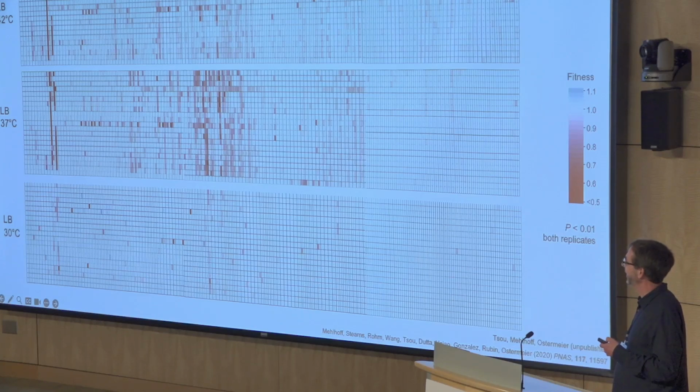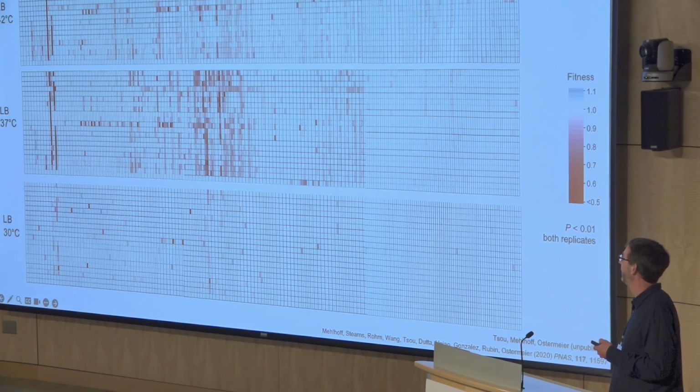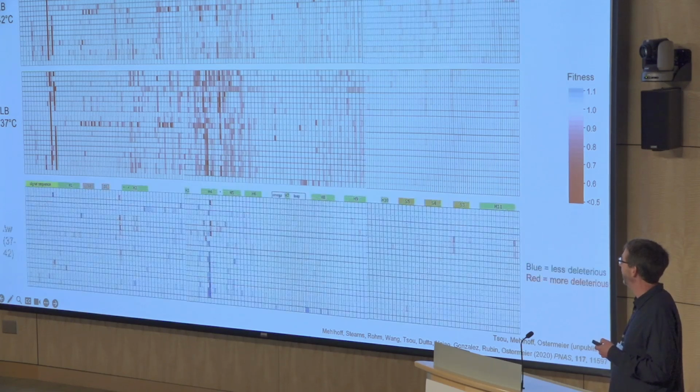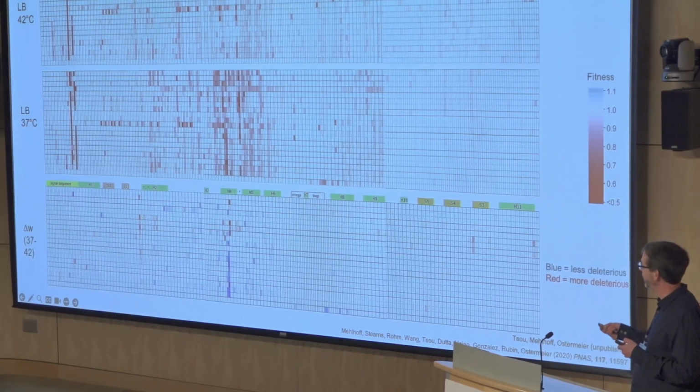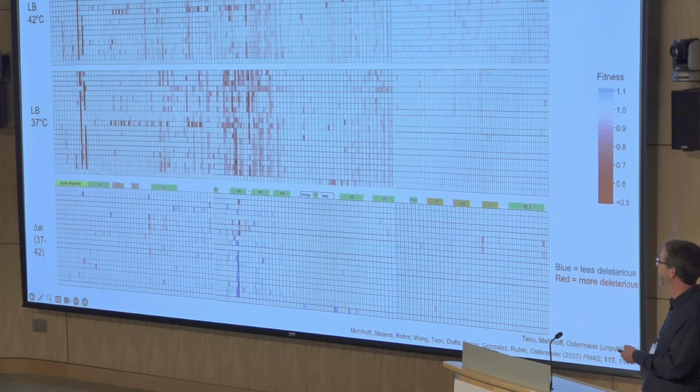What's interesting is if we take the 37 degree fitness minus the 42 degree fitness and look at that delta landscape, we see that, and these are all the ones that are statistically significant, although there are certain positions where it becomes much more deleterious at 42, there are also positions where it becomes less deleterious at 42. And so we wondered what was going on there.